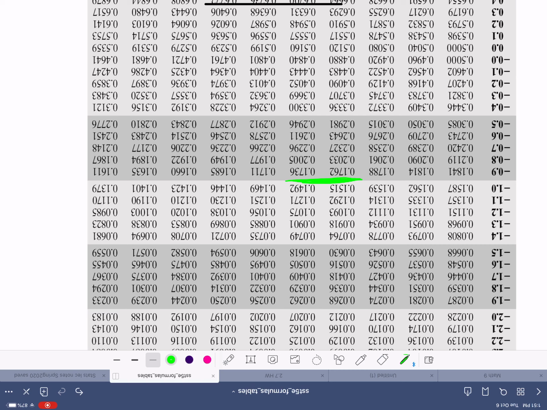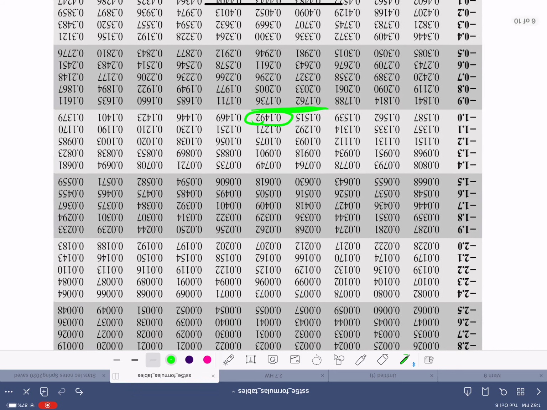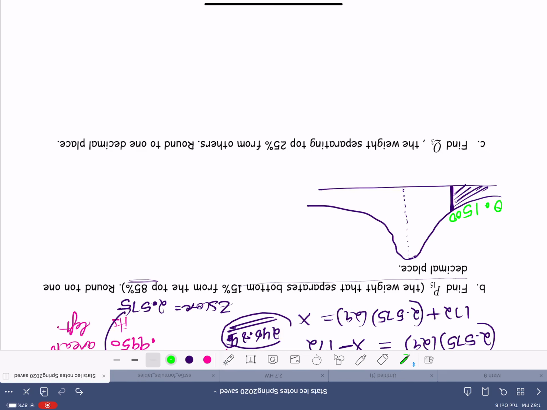Is it 0.1492 or is it 0.1515? Looks like this one is closer. So if you're just using the table, you're going to have to go with the one that's closer. But if you're using a calculator, then you would be able to find the exact value. So I'm going to go with negative 1.04, because that's closer.